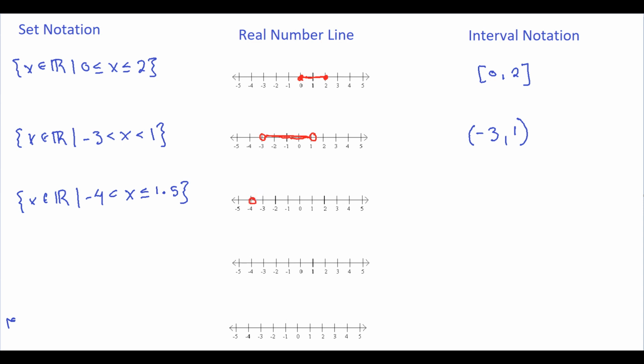And then I do want to include 1.5, so I will draw a closed hole there. And then I connect those. I want everything in between them. In interval notation, I would have a parentheses for -4 and a square bracket for the closed endpoint for 1.5. Okay, 2 more examples.